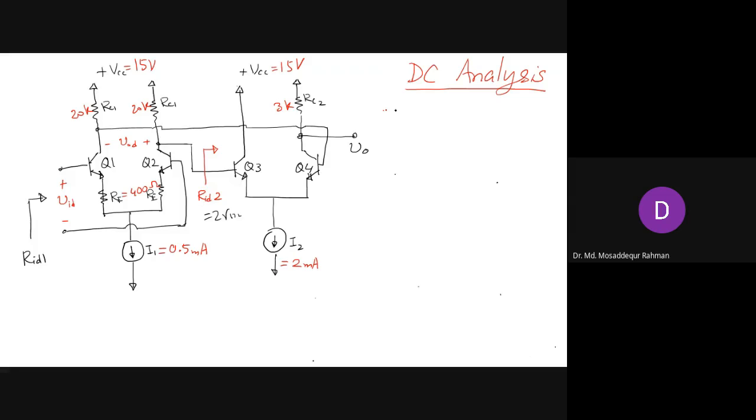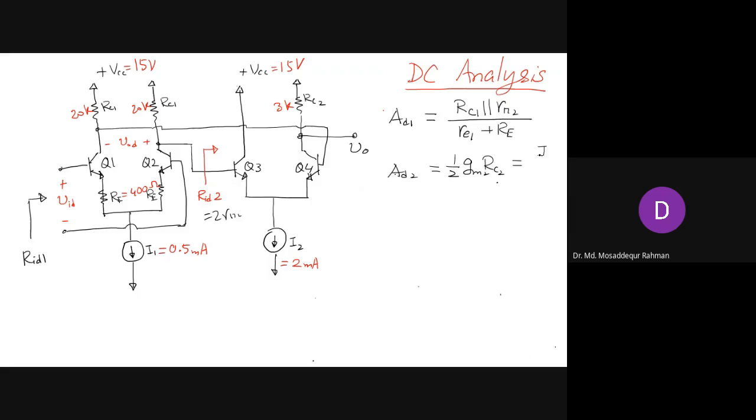The gain of the first stage, AD1, was what we found out is RC1 in parallel with R pi 2, divided by small RE and capital R. And the gain of the second stage, AD2, was half GM2 RC2, and GM2 is IC by VT, that is I2 by VT.